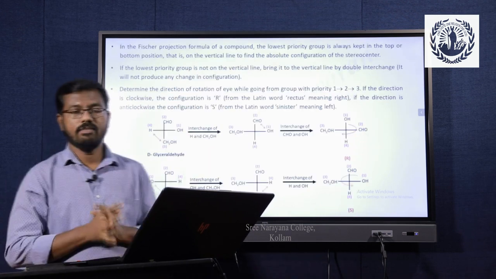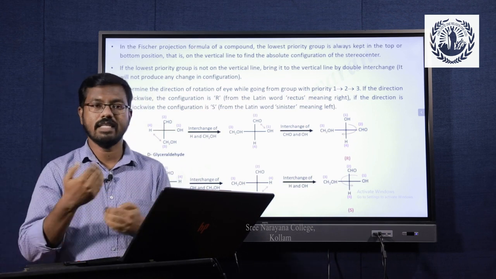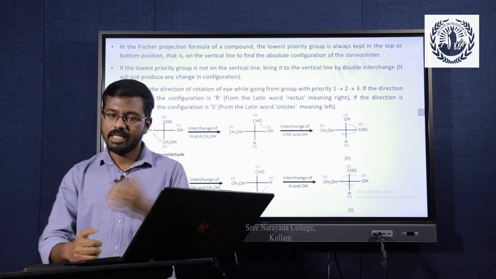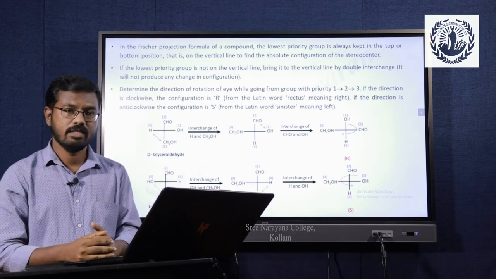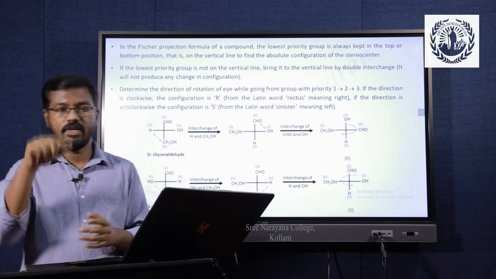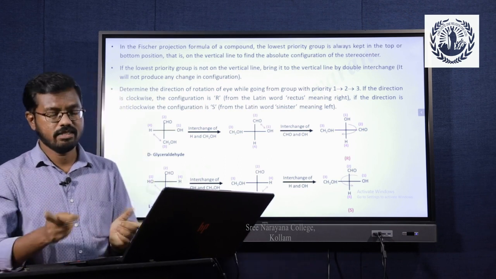But if you write the molecule in the Fischer projection formula, it is comparatively easy to identify the configuration. But there are also some rules that have to be followed. We know that in the Fischer projection formula, we represent the molecule by writing horizontal and vertical lines.